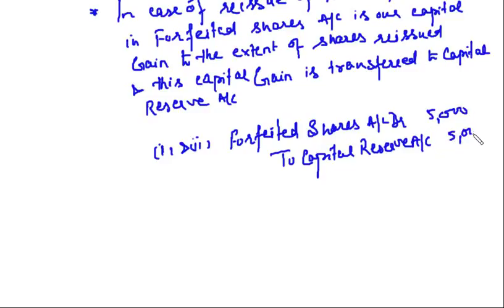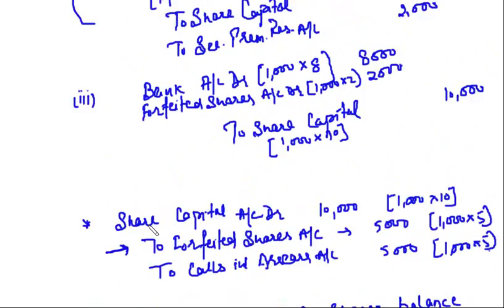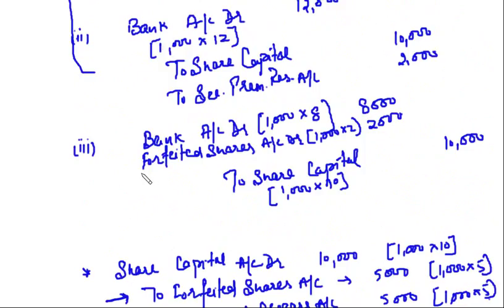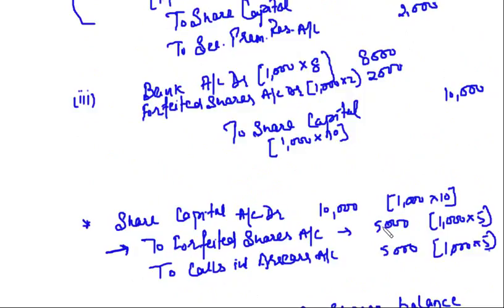Now in case the reissue is at discount, then we discussed that you have to meet the loss through forfeited shares account, right? So here the forfeited shares is credited with 5,000. Here you have debited with 2,000. Now what is the balance left in the forfeited shares? We have used 2,000 to meet our loss of discount, right? So what is left in the forfeited shares account? What you do is you have 5,000 in the second pocket.